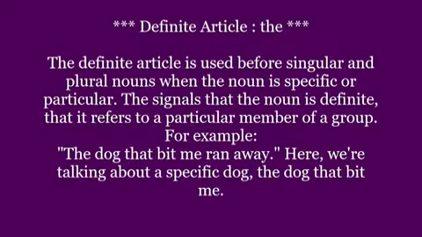Definite article the. The definite article the is used before singular and plural nouns when the noun is specific or particular. The signals that the noun is definite, that it refers to a particular member of a group. For example, the dog that bit me ran away.